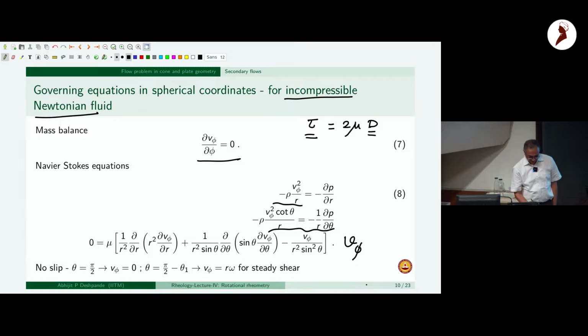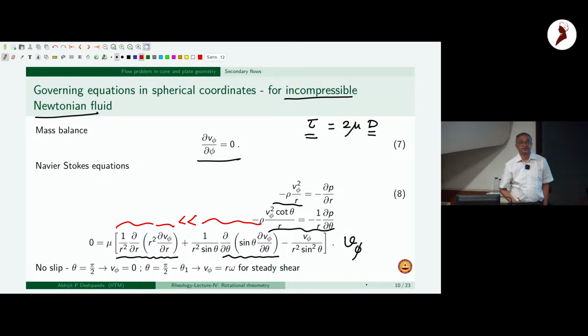In the V phi equation, we have variation of V phi with respect to R and variation of V phi with respect to theta. To proceed further, we say this term is an order of magnitude smaller than this term, so we can ignore one of the terms.